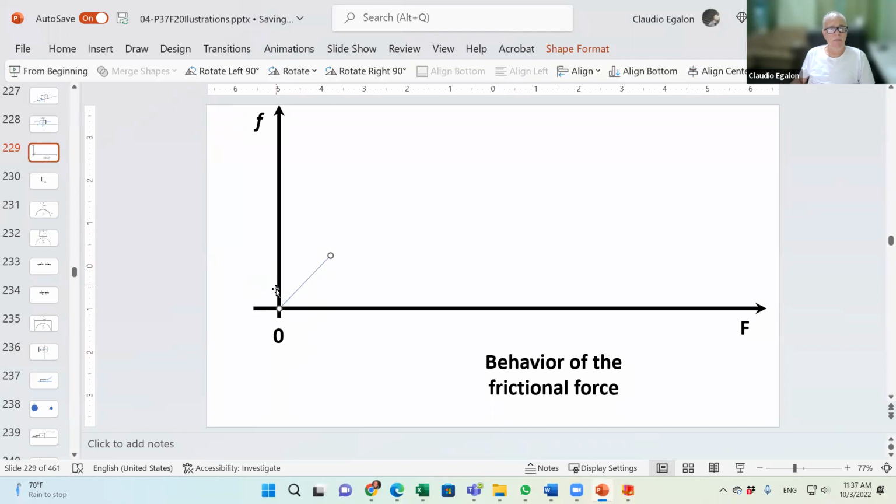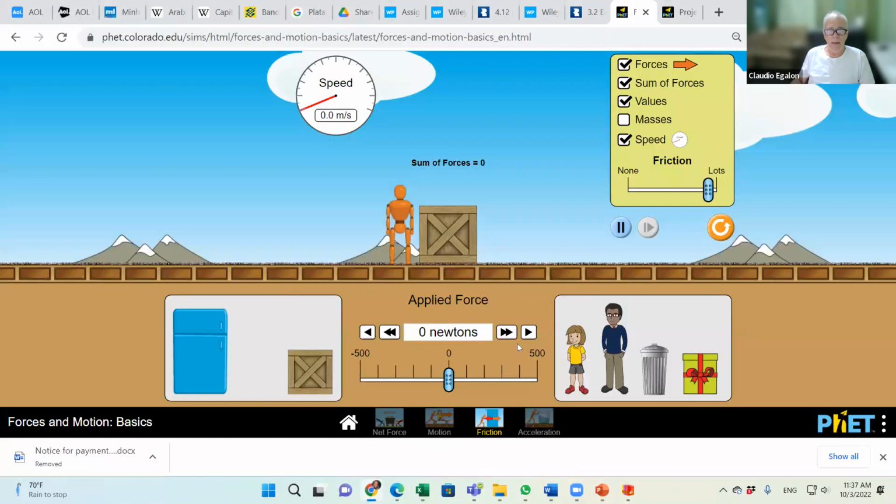Because the force of static friction is building up with the applied force, just like you saw in the simulation, right? I'm going to start applying a force. Here you go. Friction 1 Newton, applied force 1 Newton. Friction 2 Newtons, applied force 2 Newtons. 3, 4, 5, 6, 7, 8, 9. That's exactly how the frictional force works.